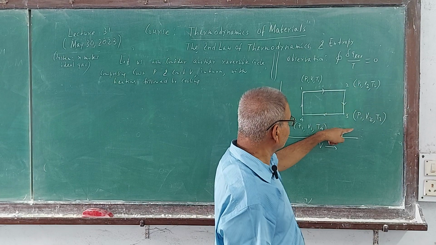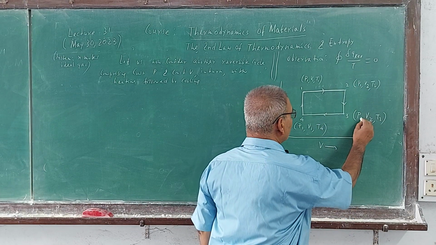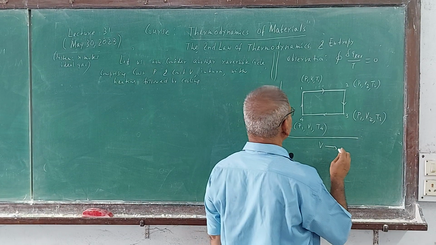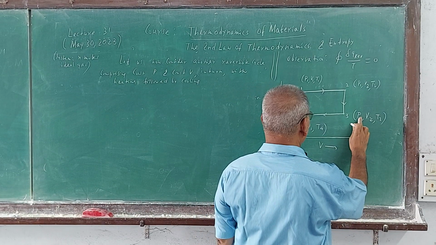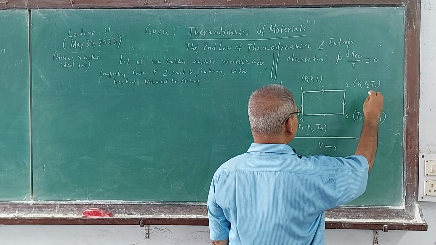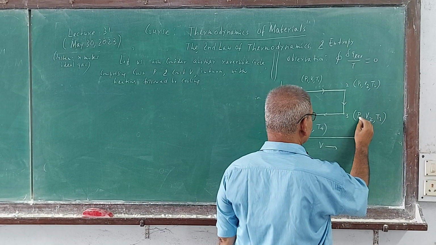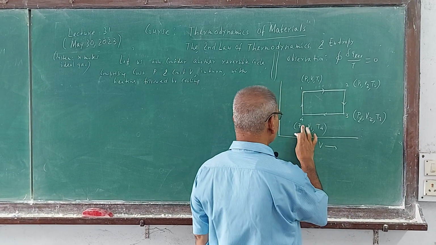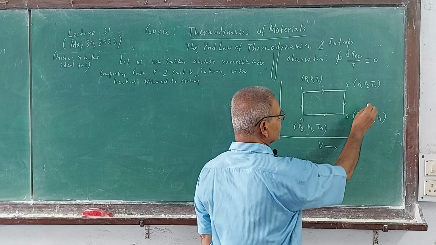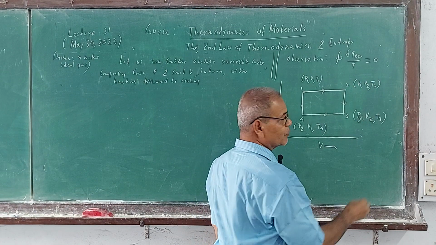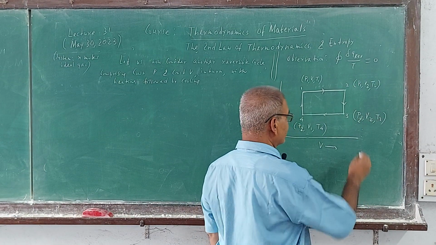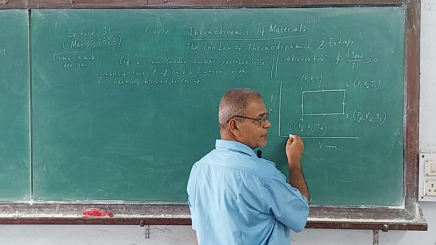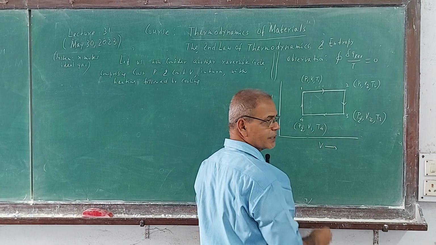Again here, volume is unchanged and pressure is P2. Pressure has fallen, so temperature has fallen. Then next is constant pressure, pressure unchanged, volume has decreased, so has temperature.